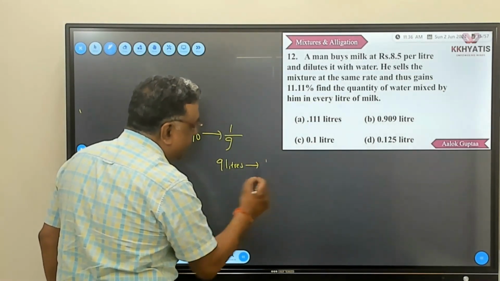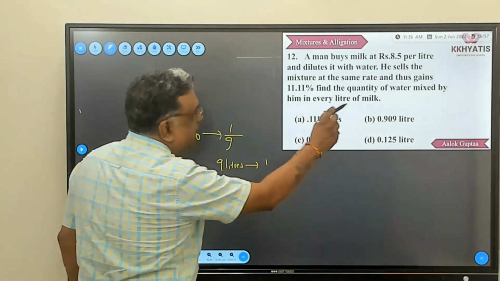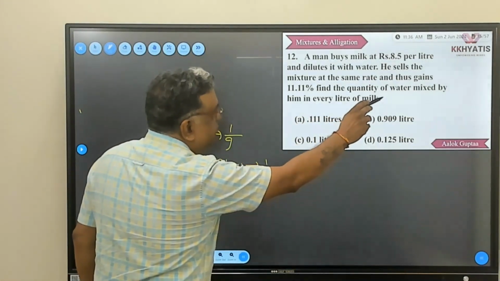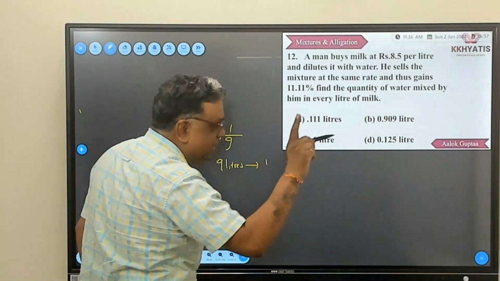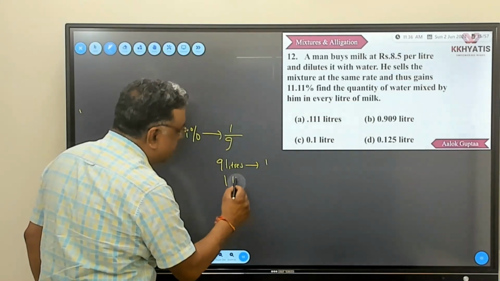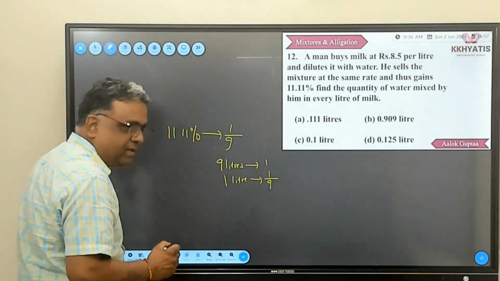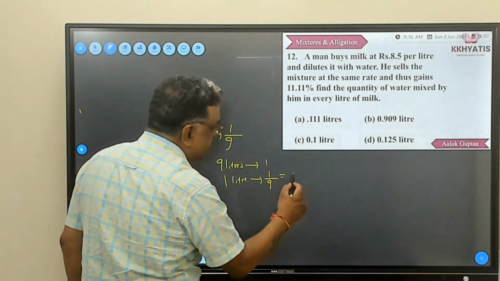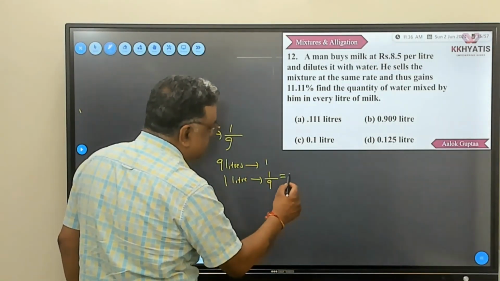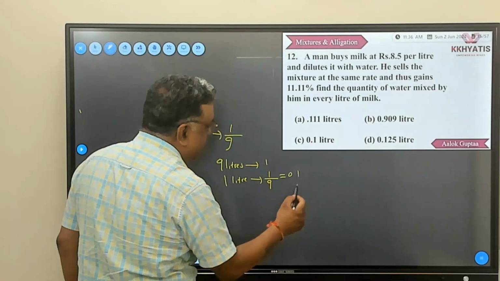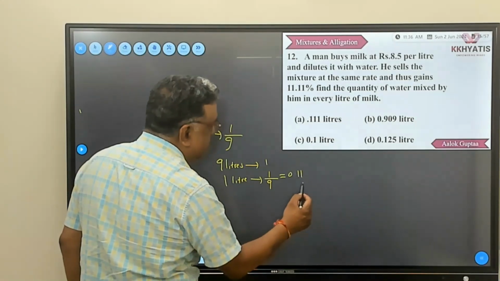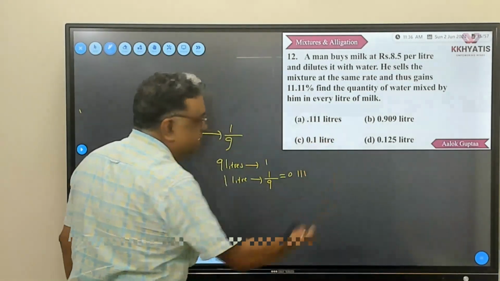I have been asked, what is the quantity of water mixed by him in every 1 liter? So every 1 liter, he must be mixing 1 upon 9. And 1 upon 9 is 0.1 recurring. Okay, so this is the answer.